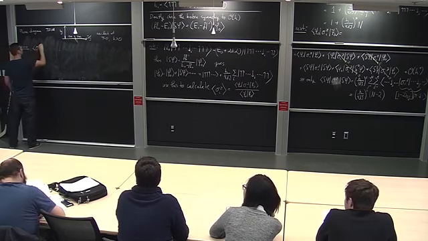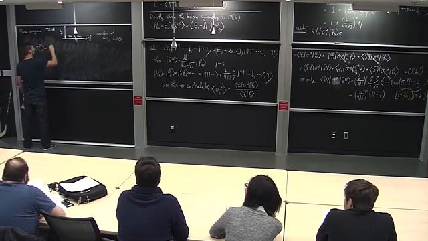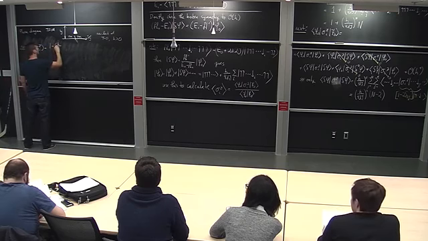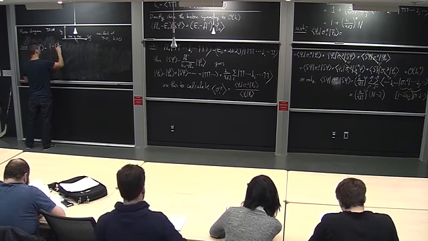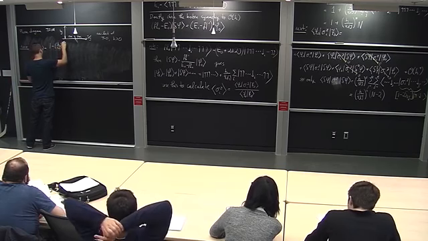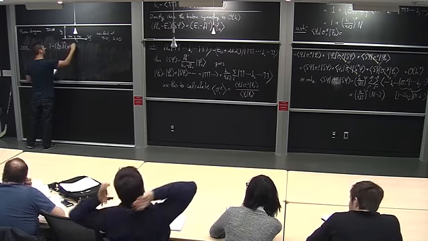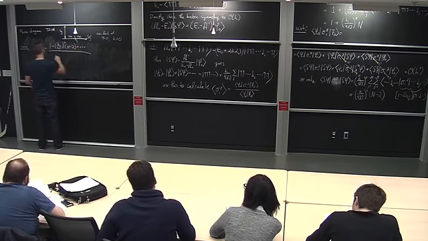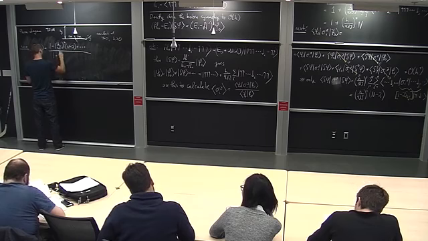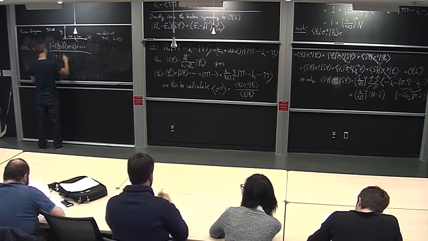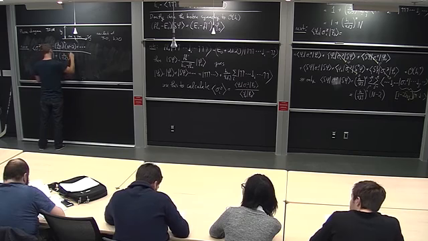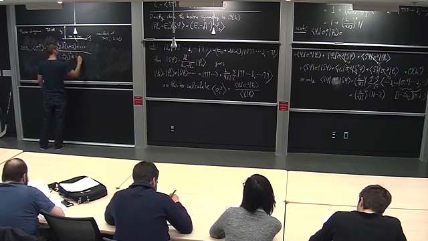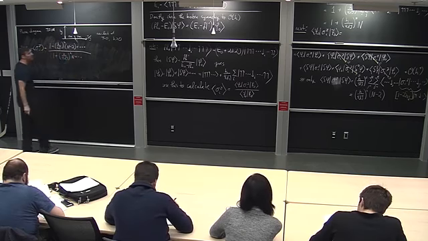So sigma z, expectation value, looks like this over this.